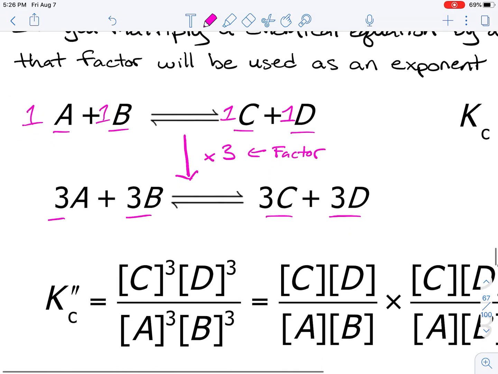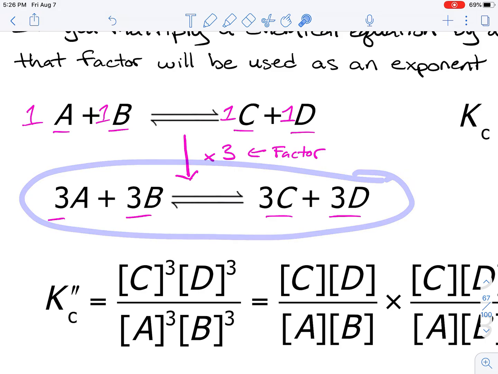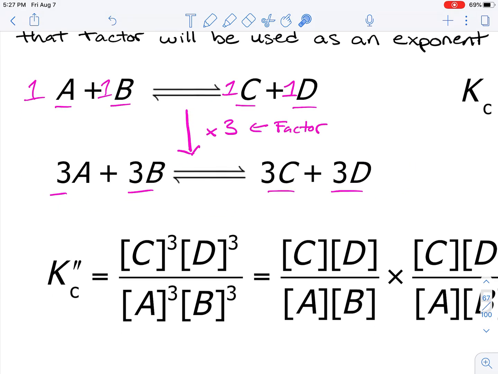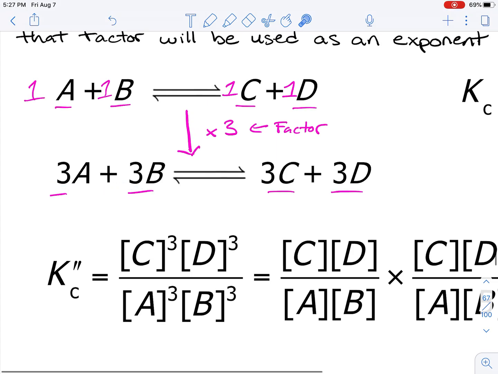If you recall, when you take the mass action expression of the result, it's simply going to be the ratio of the concentration of the products raised to the coefficient over the concentration of the reactants raised to their coefficient. And so here in this case, notice that if we raise each of these concentrations by their coefficient, we get something that looks like this.